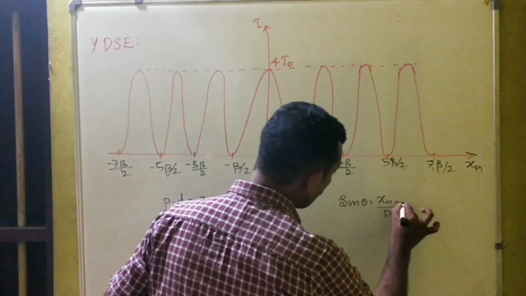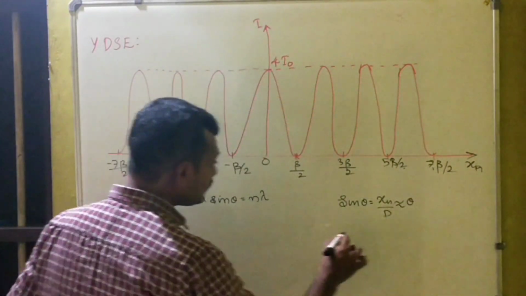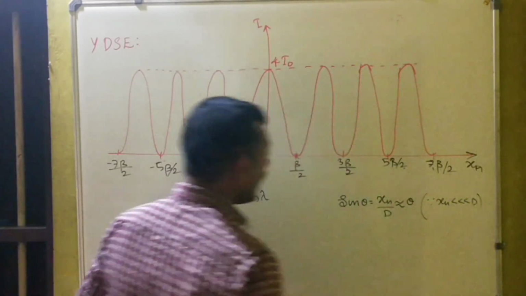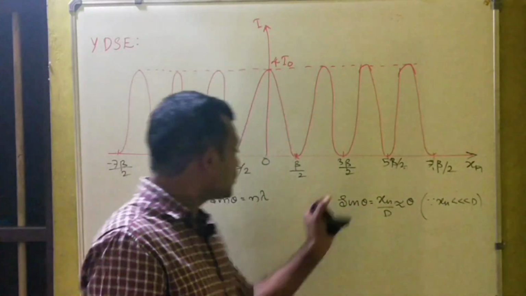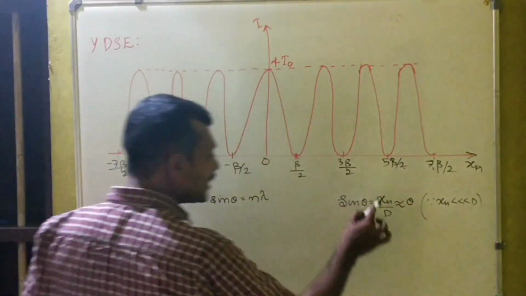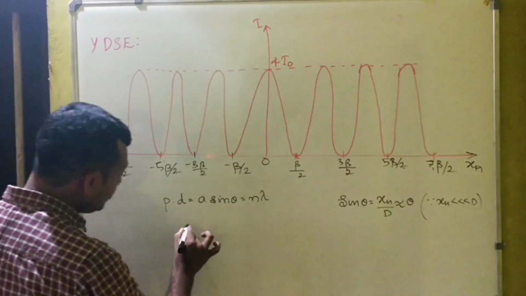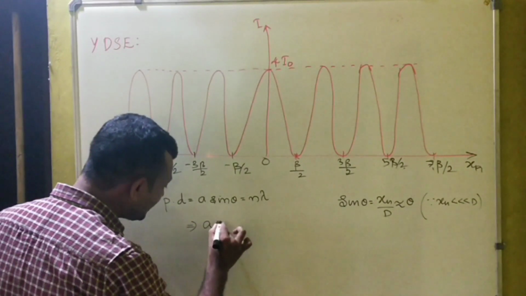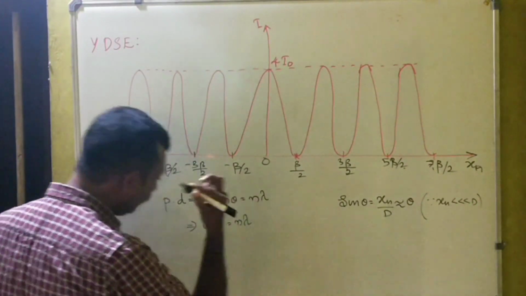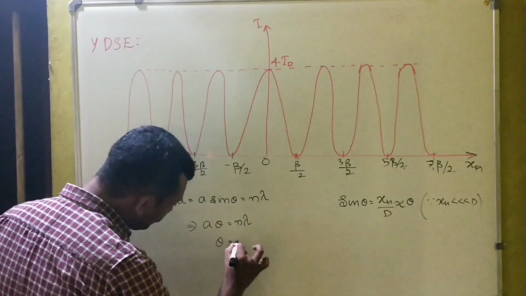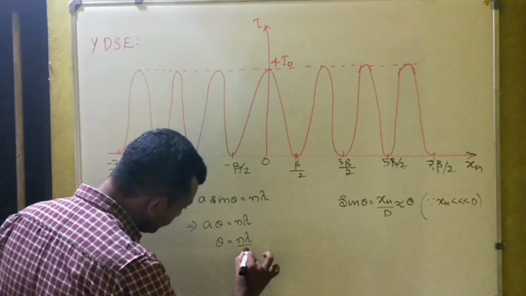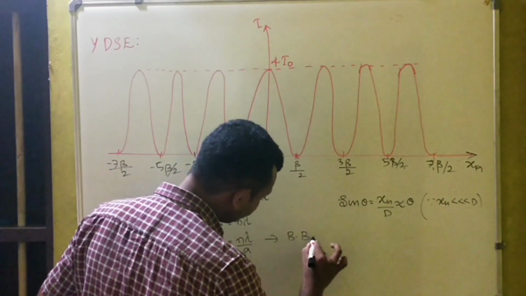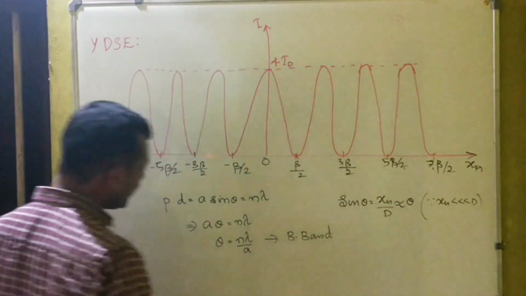Now I can say this is approximately theta, because as I told you, xn is very small compared to D, so sine theta is equal to xn divided by capital D, which is approximately theta, which implies sine theta is a very small angle. So d theta is equal to n lambda. Now theta is equal to n lambda divided by d. This is the condition for obtaining a bright band.